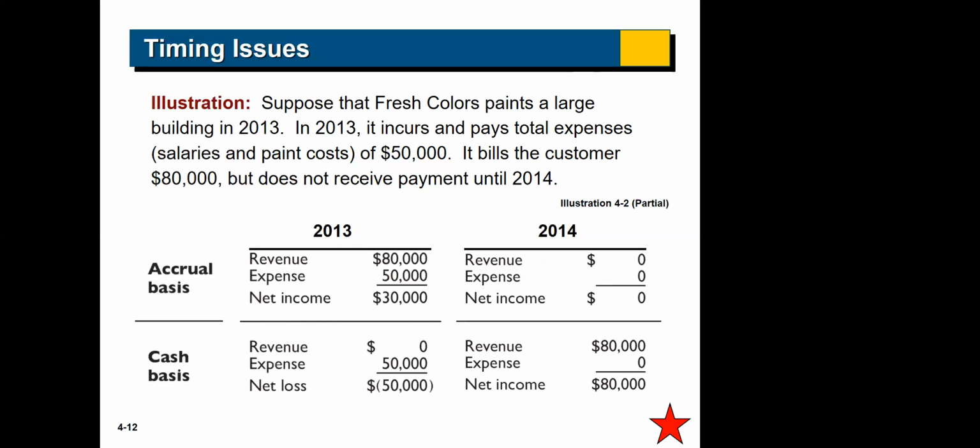But this is another reason why small businesses get themselves into problems, because they don't think about that kind of thing. Like this situation here, they'd have to pay $30,000 taxes on $30,000, right? There's other things that come into this number, but we'll just say it's net income that they're paying the taxes on. But if they haven't been paid yet and they have no money, no cash reserves, they're in trouble.